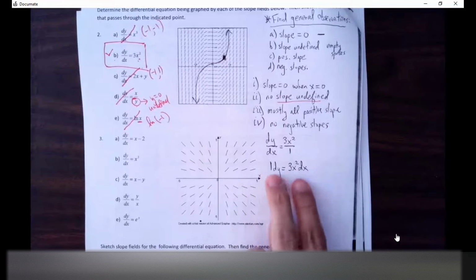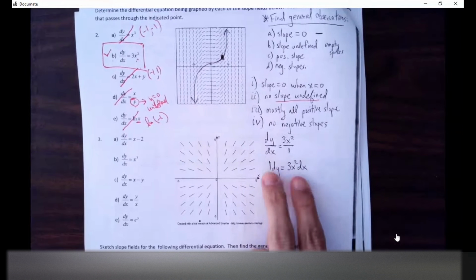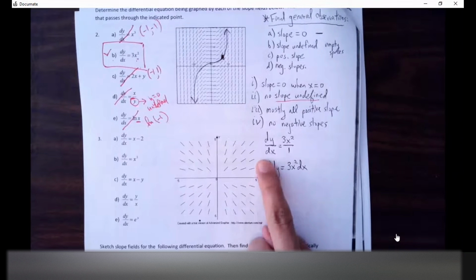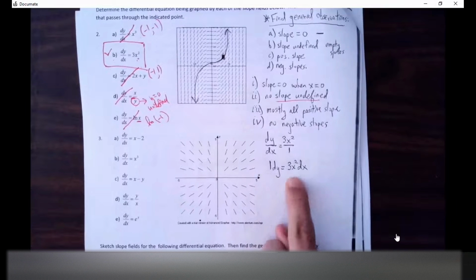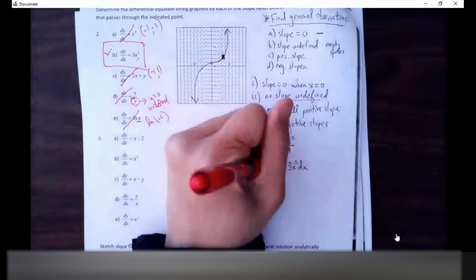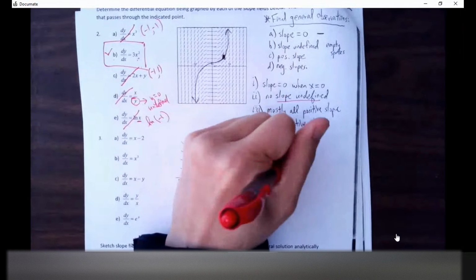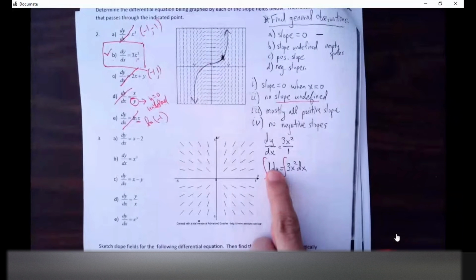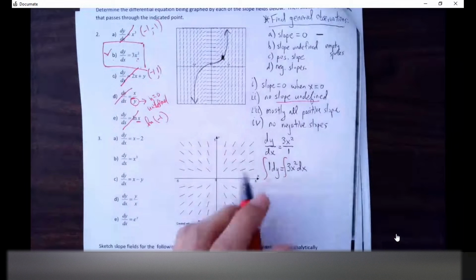First thing I notice is my x's and y's are nicely separated. y is on the left, x is on the right. I've left the left side as minimal, as bare as possible. There's nothing I can do to move anything over. And that just helps me see what needs to happen there. Okay. Antiderivative of 1. 1 will push me up from a constant to a variable level.